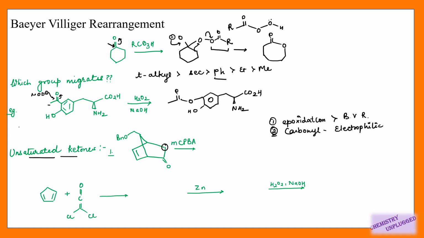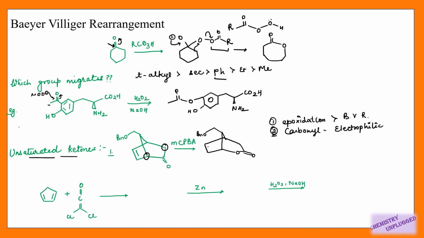If we migrate the secondary alkyl group, then we get oxygen inserted between this carbon and the carbonyl group, because when we are migrating, oxygen is inserted between the carbonyl group and the migrating group. And if we are migrating the tertiary alkyl group, then we insert oxygen between the tertiary alkyl group and carbonyl. And because migration of the tertiary group is more preferential, that's why we will get this molecule, right?